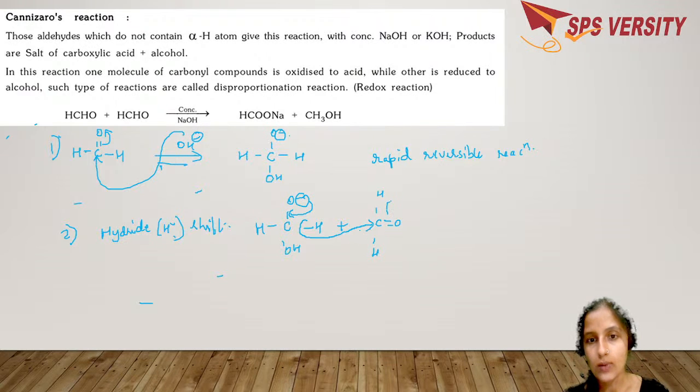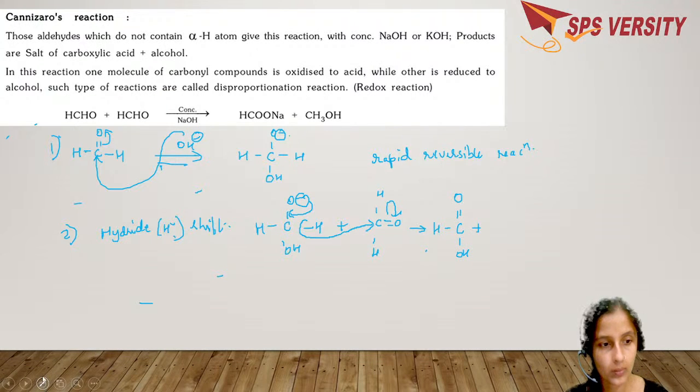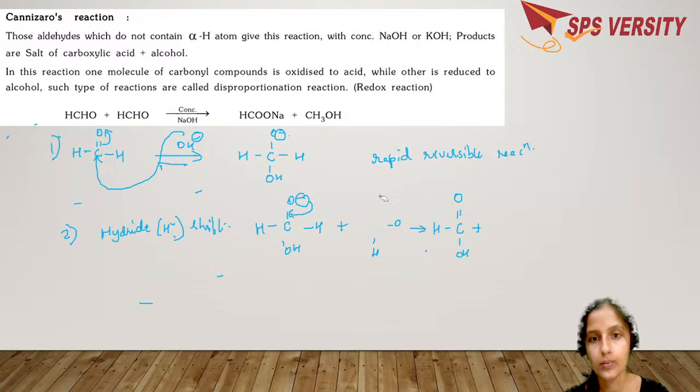As a result, this will move and you get the compound HC. Now this one bond has been shifted. I'll repeat it again so that it will be clear to you.